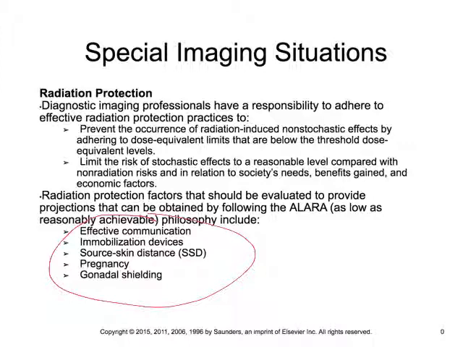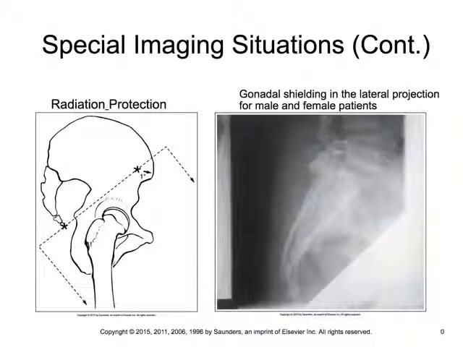Minimizing any kind of exposure to unborn children, and then making sure that we're practicing gonadal shielding appropriately. So here's another way of using the collimator to prevent unnecessary exposure. They've applied a gonadal shield.